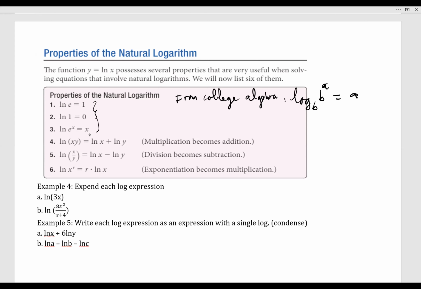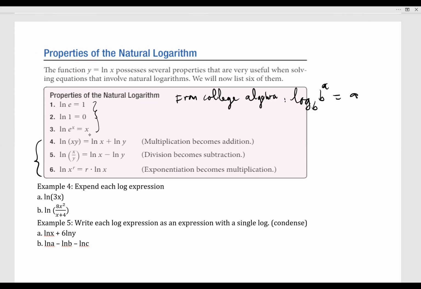So here it is the exponent of b to get b to the a, which is easily a. It's exactly the definition. Similarly, with e to the x, it's going to be equal to x.